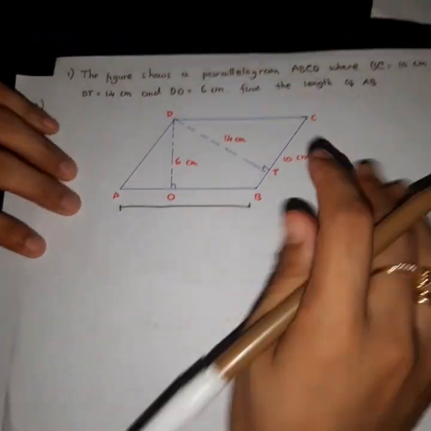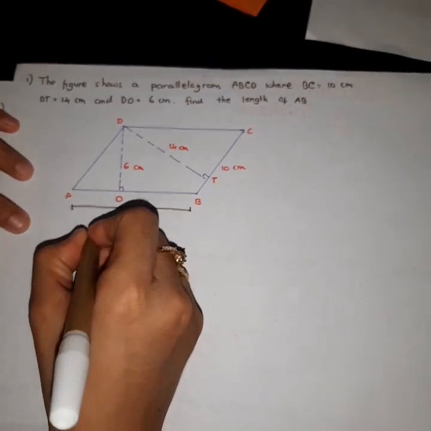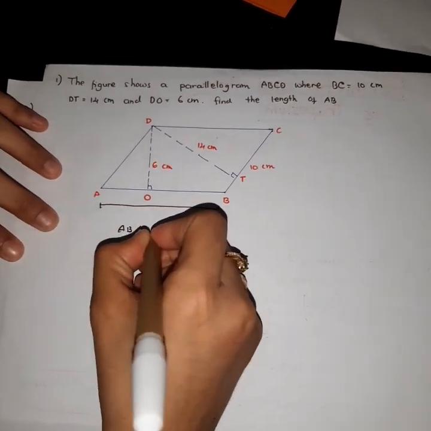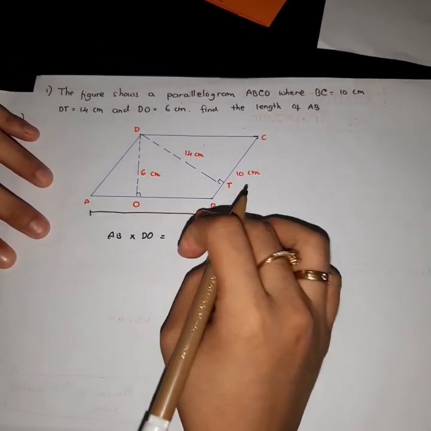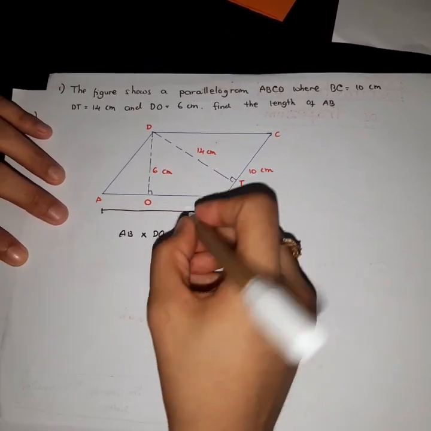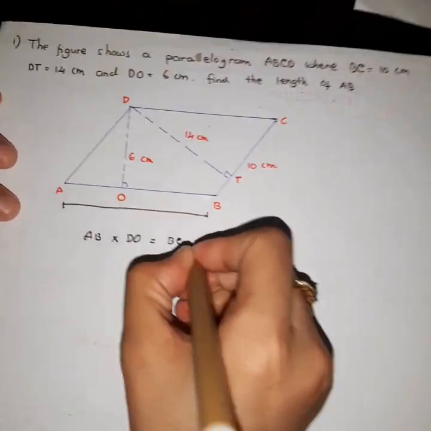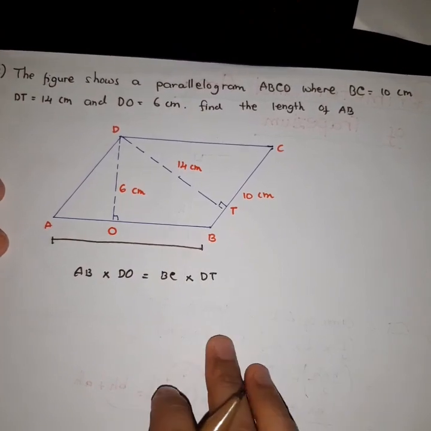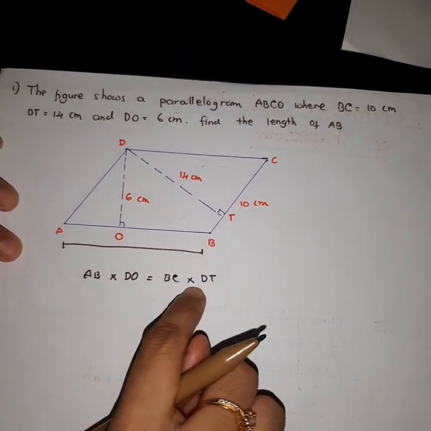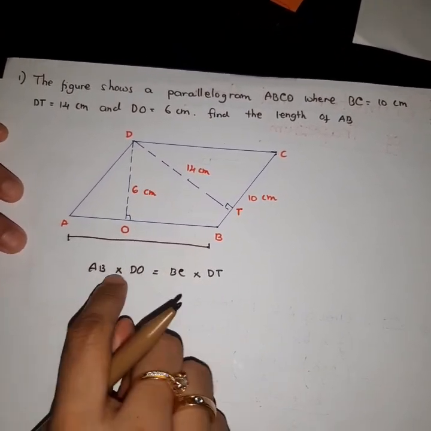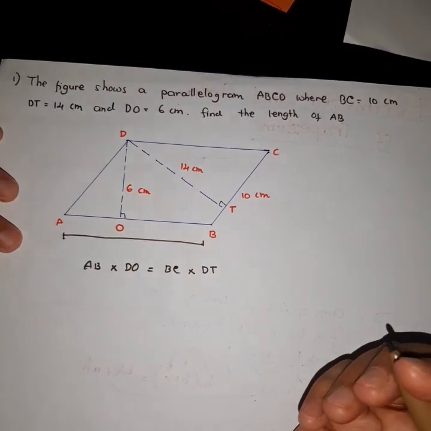So I can write it like this: AB times DO will be the same as BC times BT. These two give the area of this parallelogram.